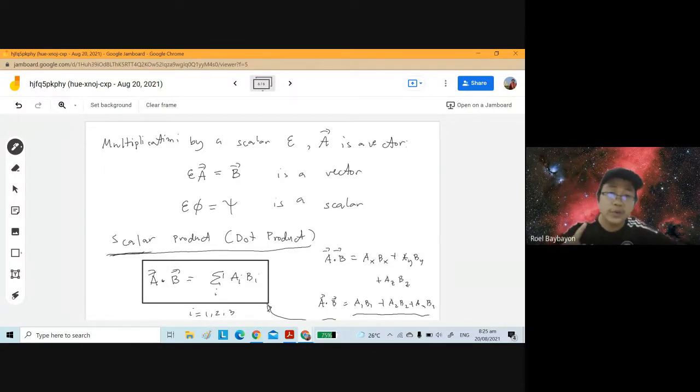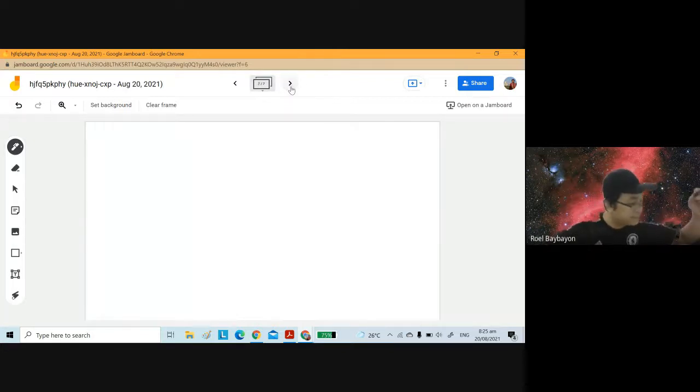So how are we going to prove that the resulting quantity of a scalar product is a scalar? So let's look at this. Proof. A dot B is a scalar quantity.